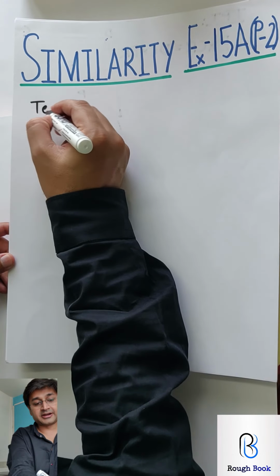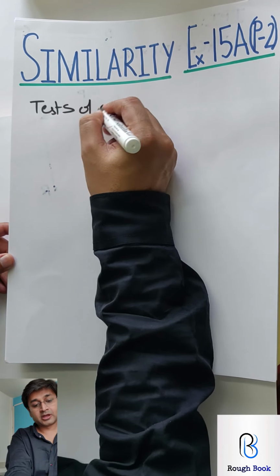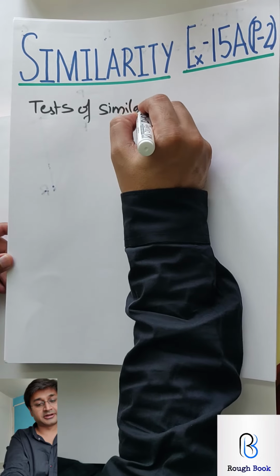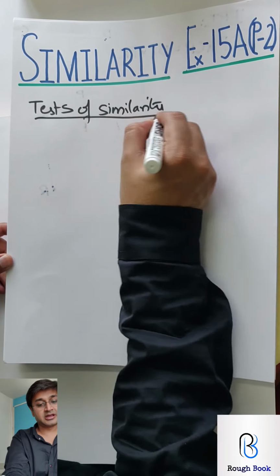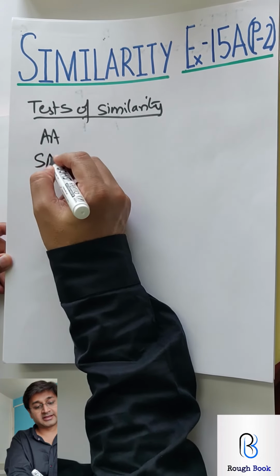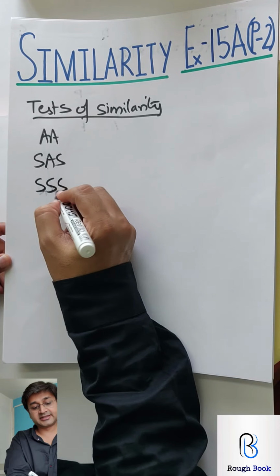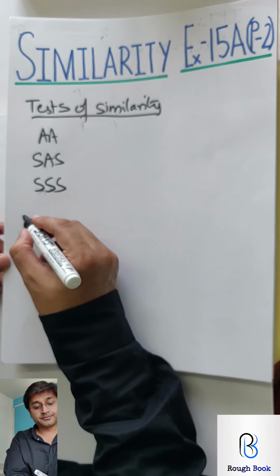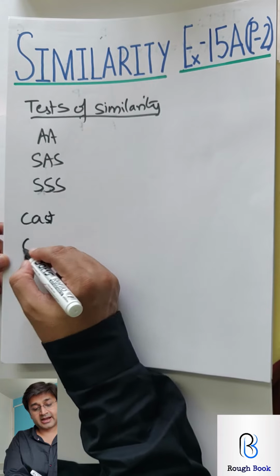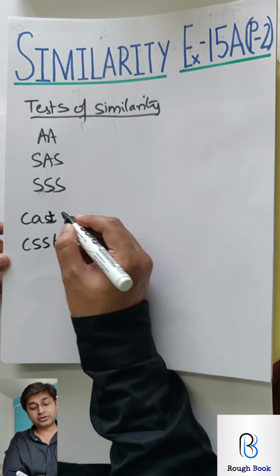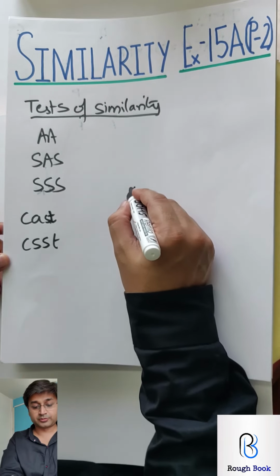So tests of similarity. We know how many tests of similarity? Three tests: AA test, SAS test and SSS test. The next one, CAST and CSST. Most important is one-to-one correspondence.